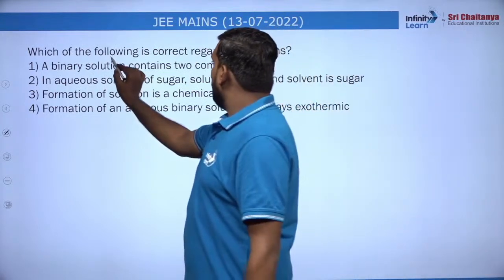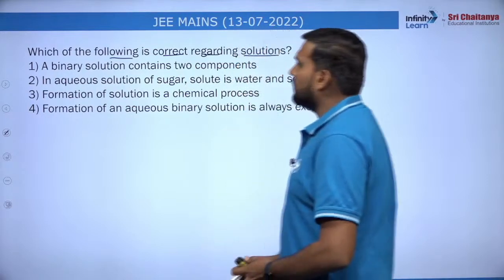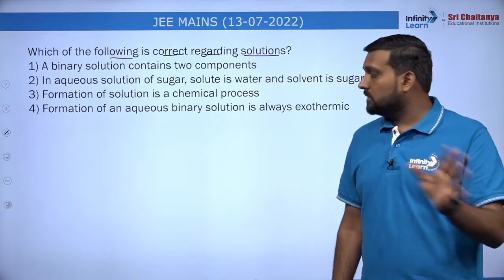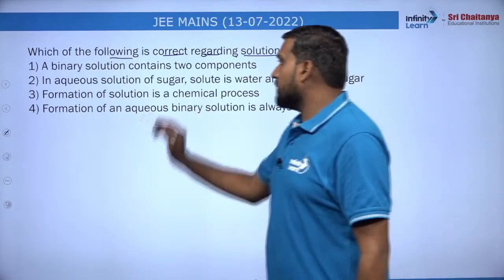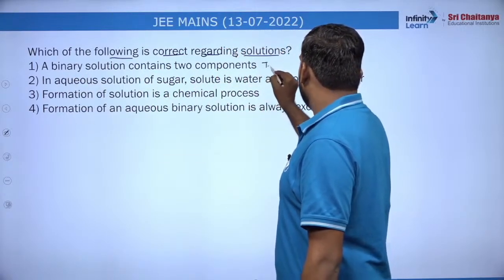Which of the following is correct regarding solutions? The question is a very basic type of question, based on the basic definitions and concepts of solution. The first option is: a binary solution contains 2 components. Yes, this is true, there is no doubt in that.